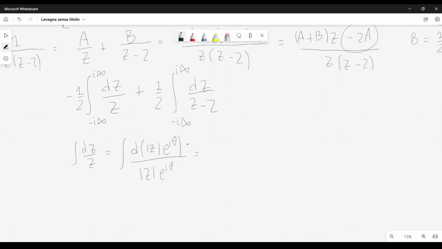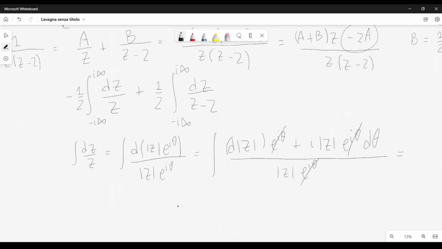We can calculate the differential above, so this is the differential of the magnitude of z, times e to the i theta plus i mod z e to the i theta d theta, and we divide by mod z e to the i theta. So we can simplify this with this and this.